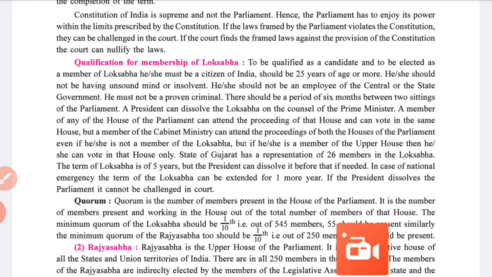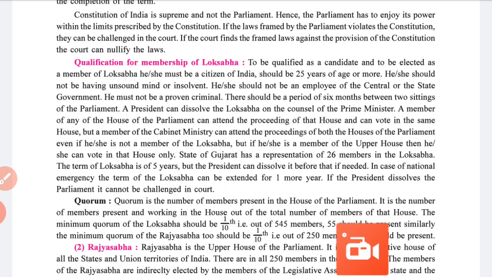Then he or she should not have an unsound mind or be insolvent, meaning a normal person. He or she should not be an employee of the central or state government. He must not be a proven criminal.